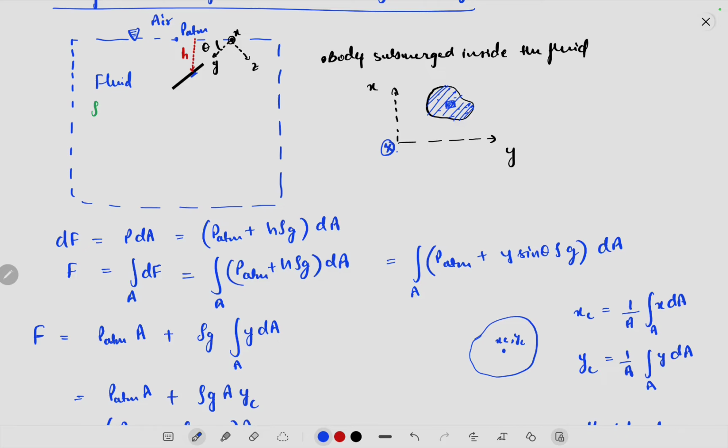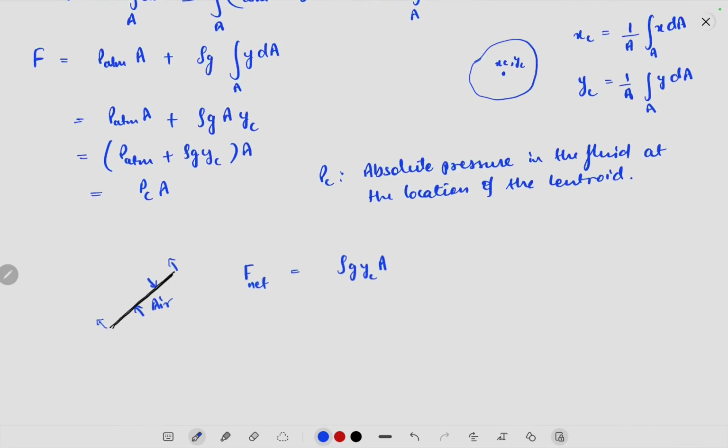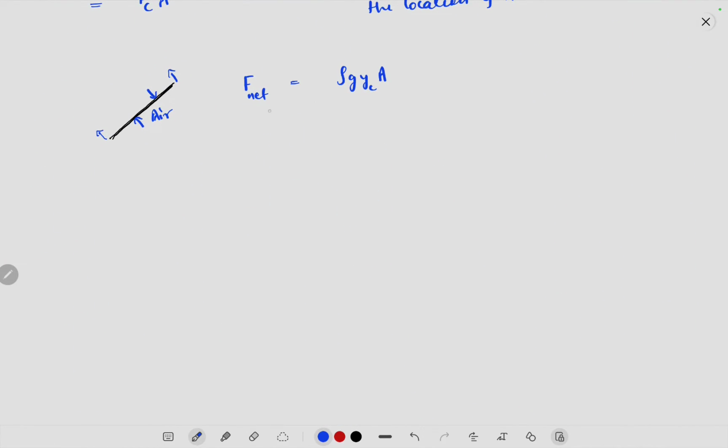That's why the area A is the area in the xy plane. So the area is always the area of the plane perpendicular to the pressure. So this will be the net force that this body would feel when submerged inside the fluid.